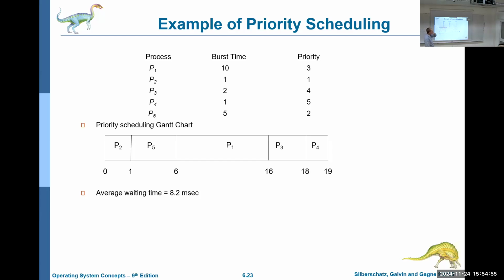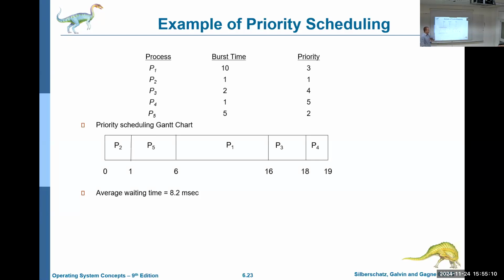Well, we don't have that in this case, but if two processes would have the same priority and the same arrival time, which one will go first? The one with the lowest ID number.